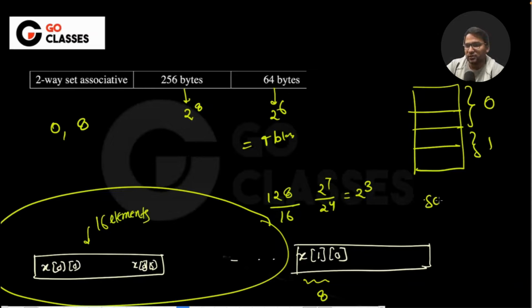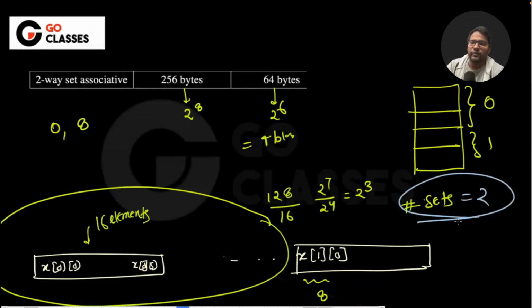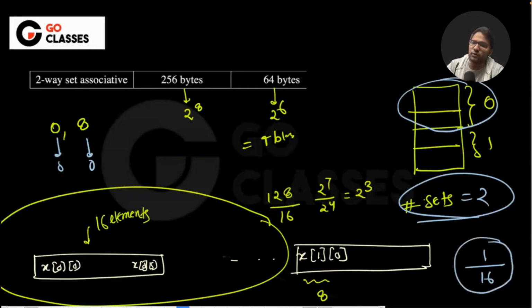So the number of sets equals 2. It will map to set 0, and the other will also map to set 0. But fortunately both of the blocks can be in the set. So out of 16, how many misses are we going to face? 1 miss. So 1 upon 16 is your answer here.